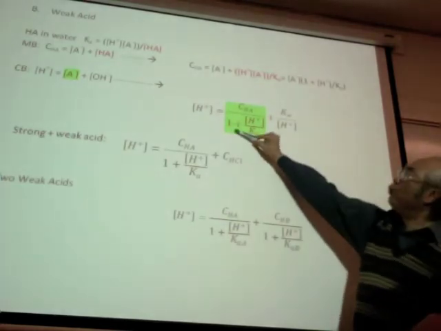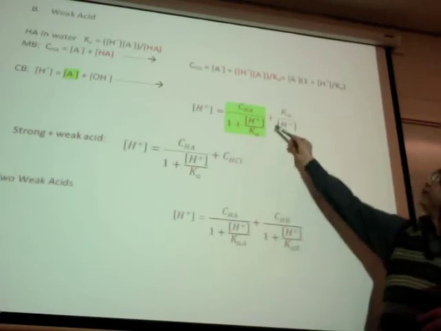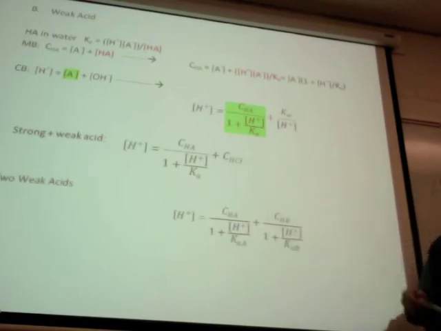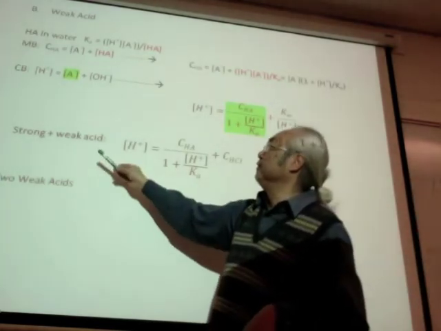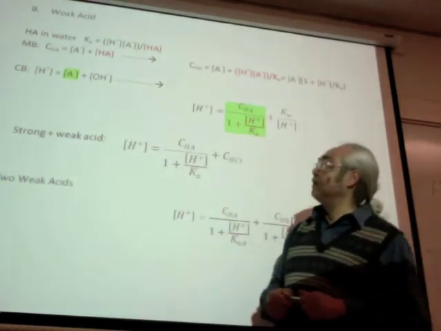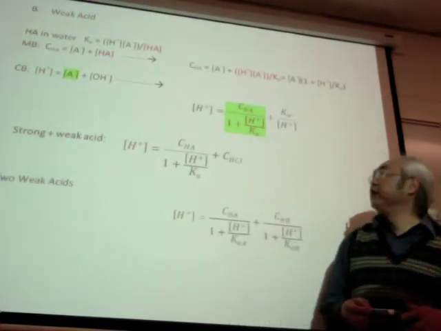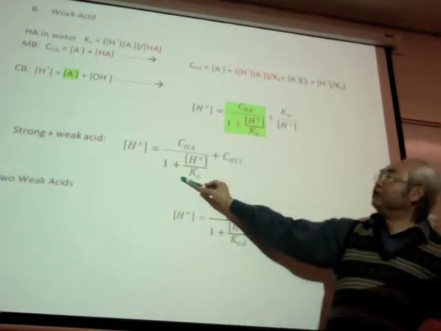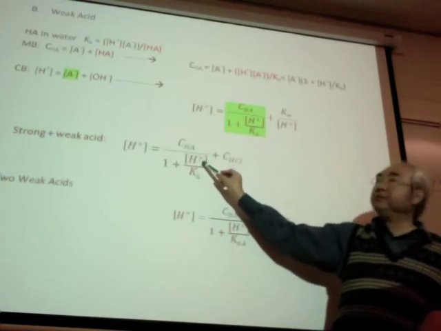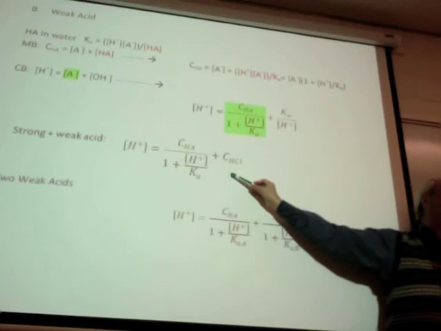Now notice this is weak acid dissolved in water. You get this outcome. Now you follow a similar derivation. If the weak acid is mixed with a strong acid like HCl, then the total proton at equilibrium will be equal to the contribution from the weak acid plus the total contribution from your strong acid.